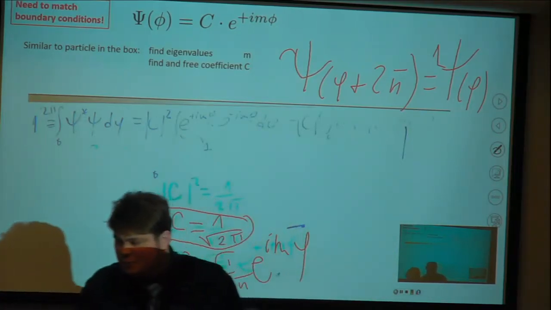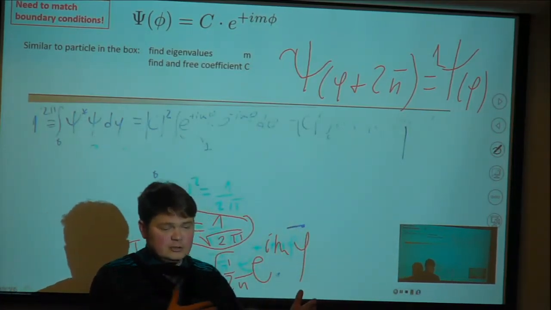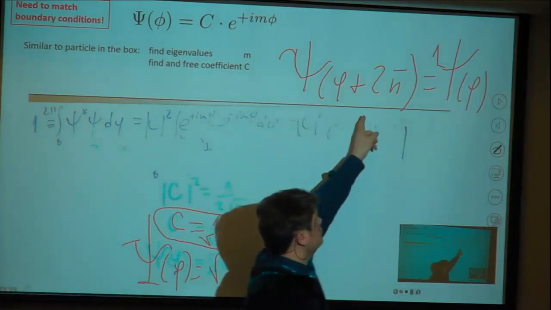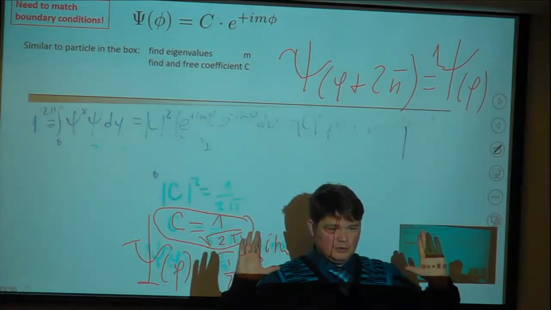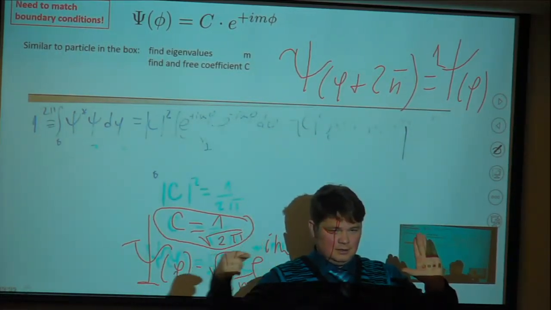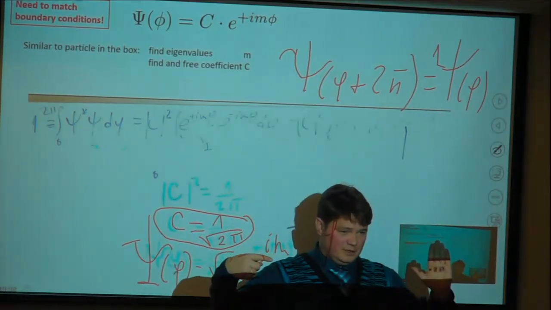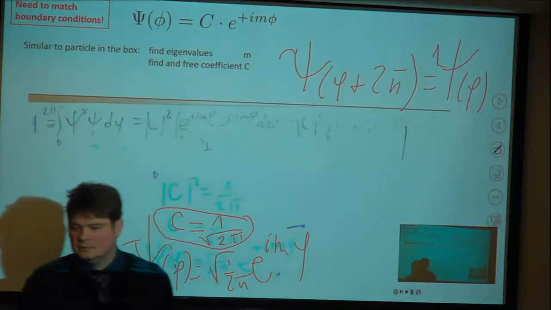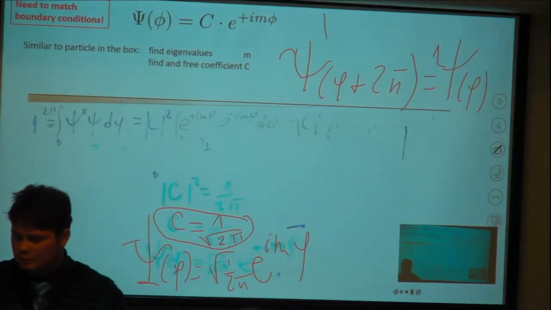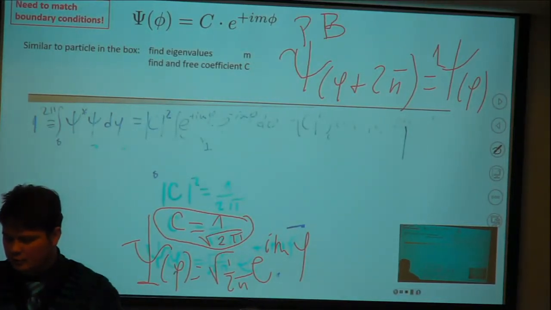And if we are thinking in terms of one-dimensional motion, it is a periodic boundary condition. So it's like a box of the size 2 pi, departing on one side and reappearing from the other side. So it is related to periodic boundary conditions.